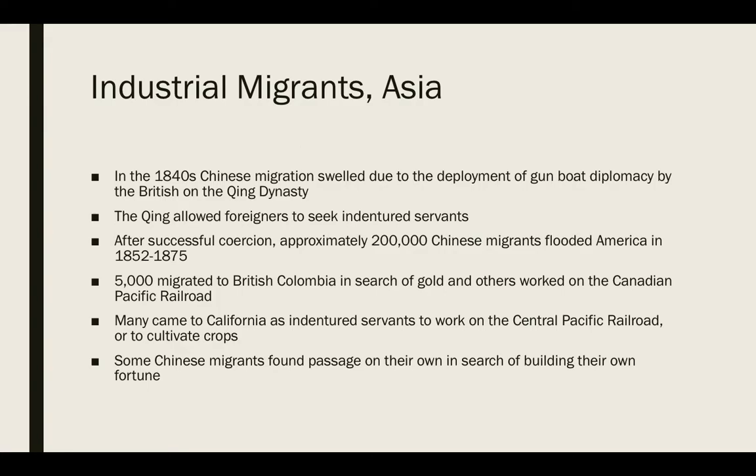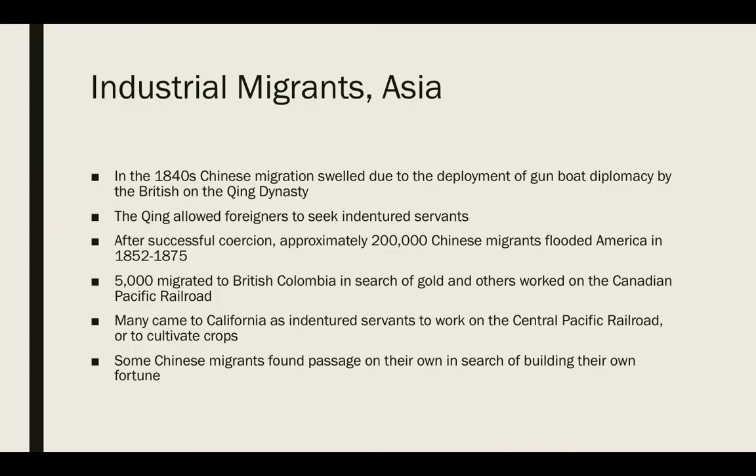If you remember from chapter 26, the Qing dynasty in 1680 only allowed British agents to trade in Guangzhou, and in 1793 the emperor stated to King George III that we don't need England, you need China. So after successful coercion, approximately 200,000 Chinese migrants flooded America from 1852 to 1875, mainly on indentured servitude contracts.